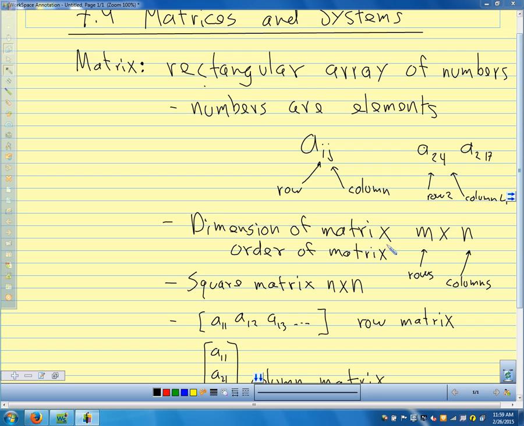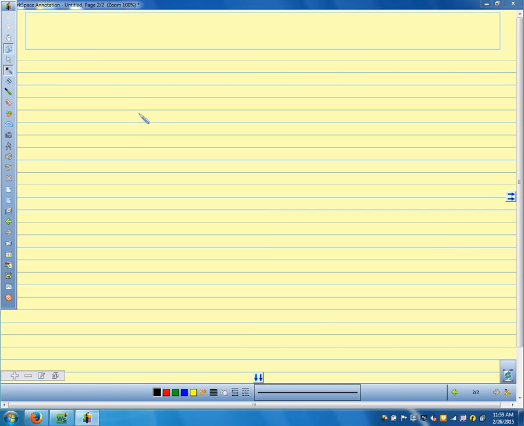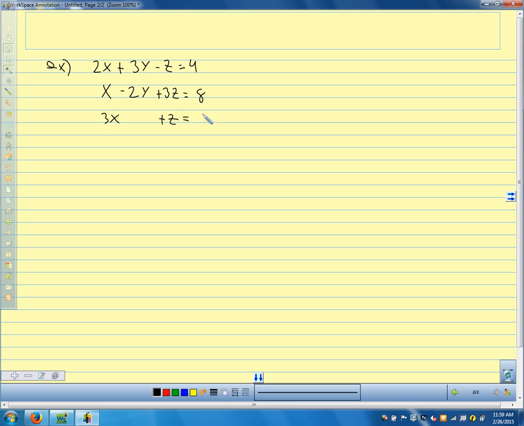Okay. All right. So if we have a system of equations, for example, 2x plus 3y minus z is 4, x minus 2y plus 3z equals 8, and 3x plus z equals 5.